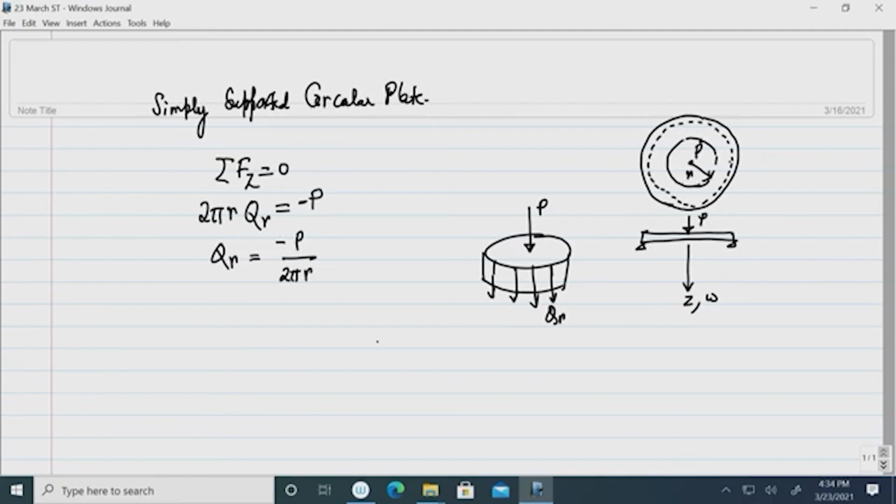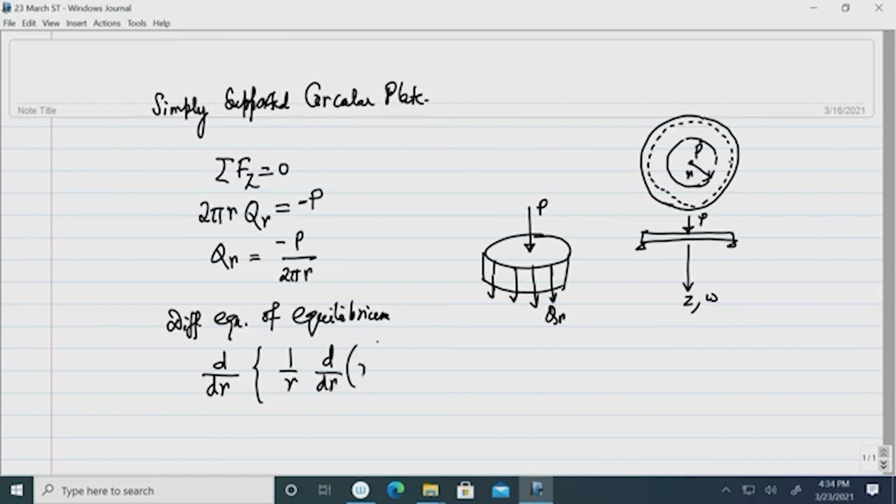Now, let us write the equations of equilibrium, differential equations. So, differential equation, okay. Let us write like this: d by dr 1 by r d by dr r dw by dr minus q_r by D. Instead of q_r, now I put this term.